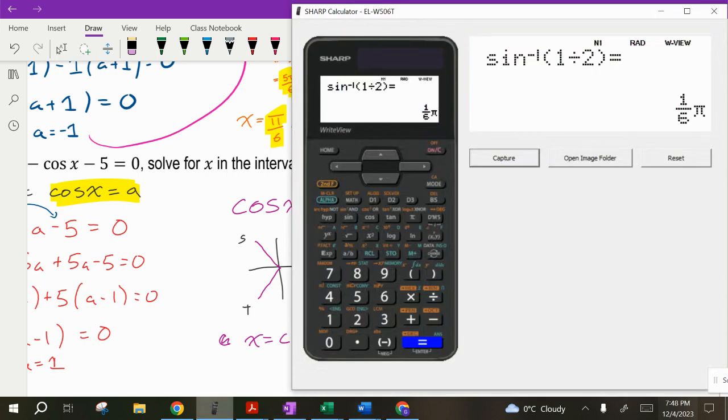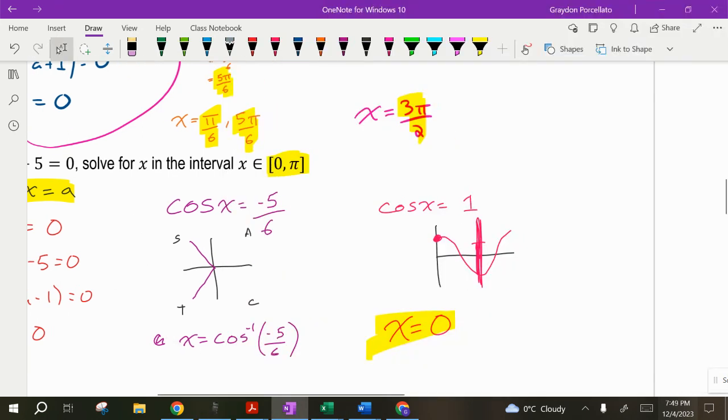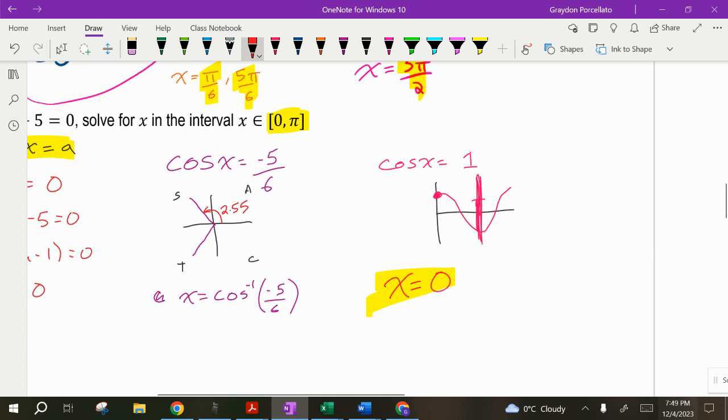Let's get the trusty old calculator out here. Second cos of bracket negative 5 divided by 6. Make sure you put the negative in there. It gives us 2.55. So that would be our first angle, which is this one.